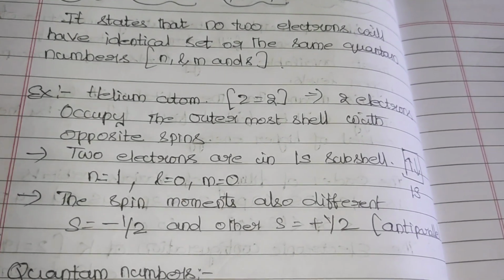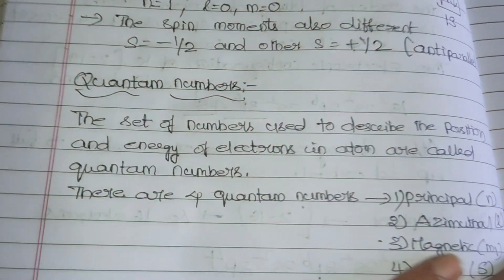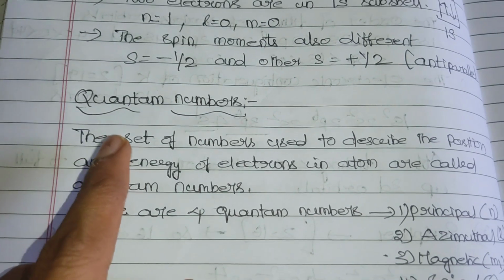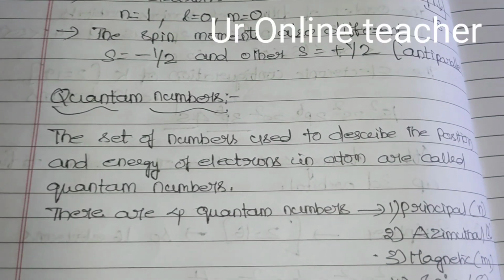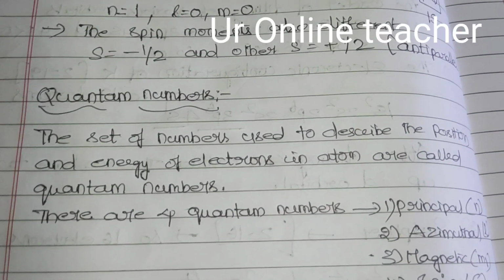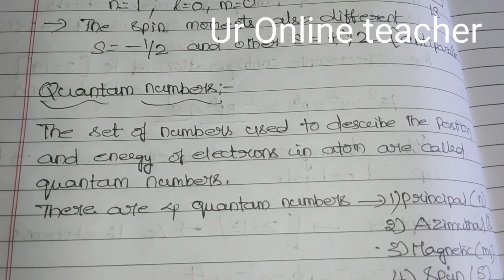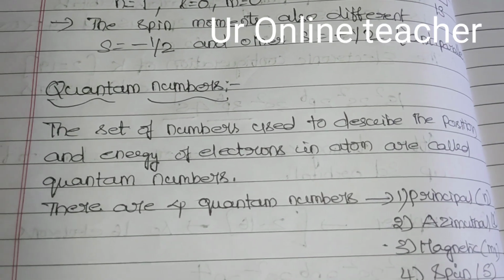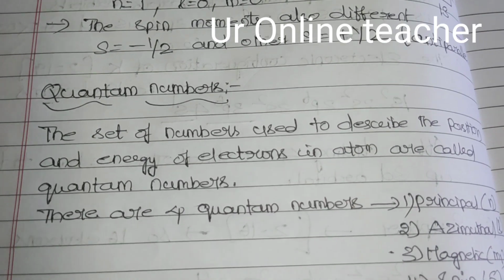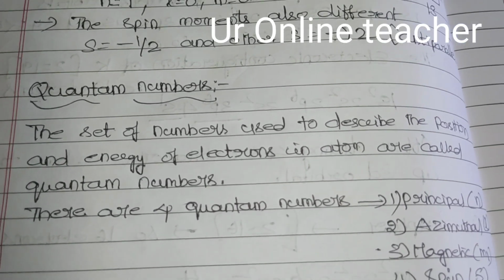What are quantum numbers? They are the set of numbers used to describe the position and energy of electrons in an atom. In an atom, the position where the electrons are filled and the energy they have are expressed in quantum numbers.